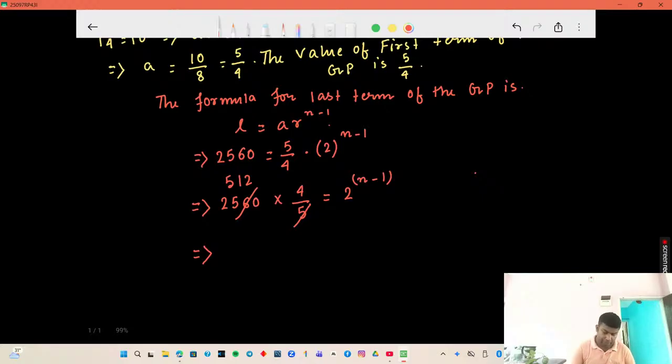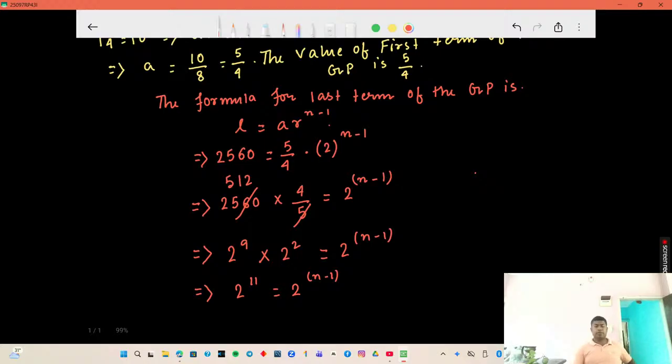I think the power of 512 with respect to 2 is 2 to the power 9. 2 to the power 9 is equal to 512. Is it clear to you? Into 2 square. Why 2 square? Because 2 square is equal to 4, equal to 2 to the power n minus 1. Then here 2 to the power 11 is equal to 2 to the power n minus 1.